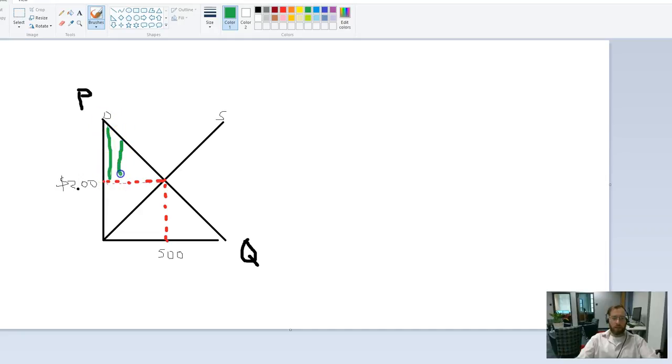And then there's these people, and these people, and these people, right? And all this green shaded area, this is our consumer surplus. Why is it consumer surplus? Because these people were willing to spend more, and they don't have to, because there's no market discrimination. The price is the price.